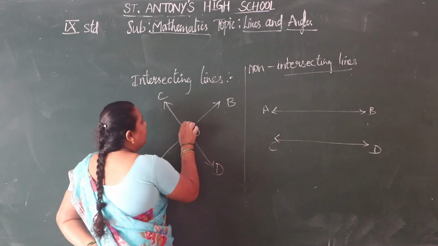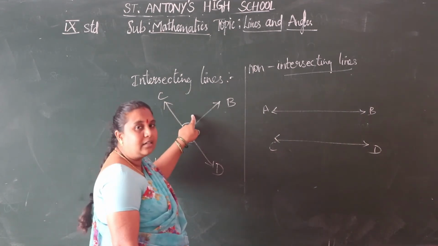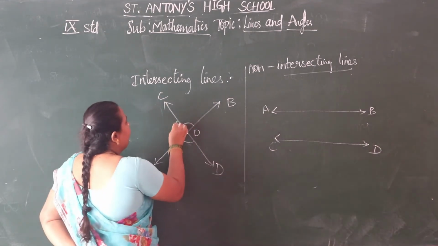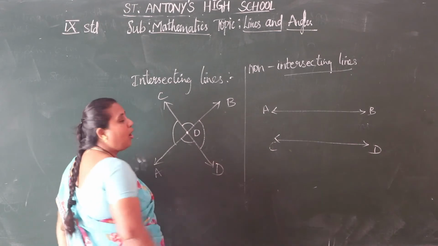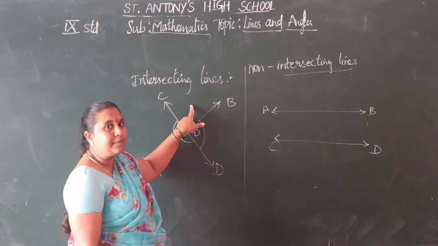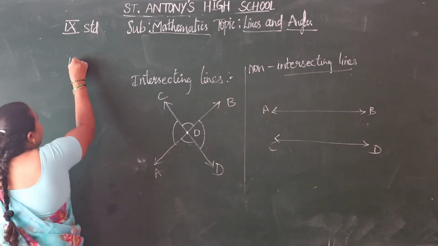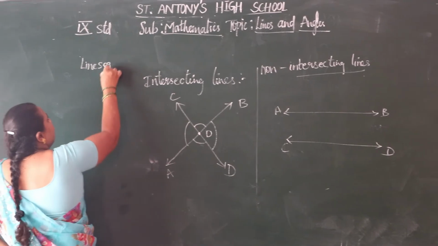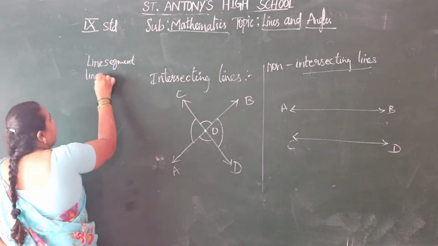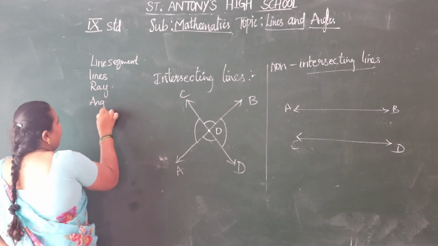Vertically opposite angles. Here these two angles are vertically opposite angles, and these two angles are also vertically opposite angles. Now we have seen the concepts from the first: line segment, line, ray, and then angles.